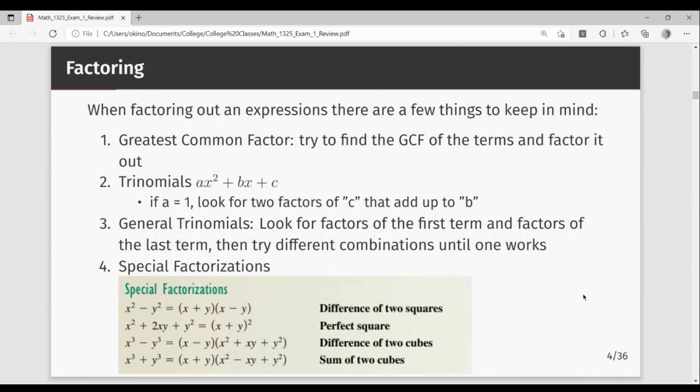And for trinomials, right? So what do I mean by that? I mean expressions that have the form ax squared plus bx plus c, right? And a, b, and c are all just numbers. So if a equals 1, then look for two factors of c, right? Two factors that multiply to equal c and add up to b, right?